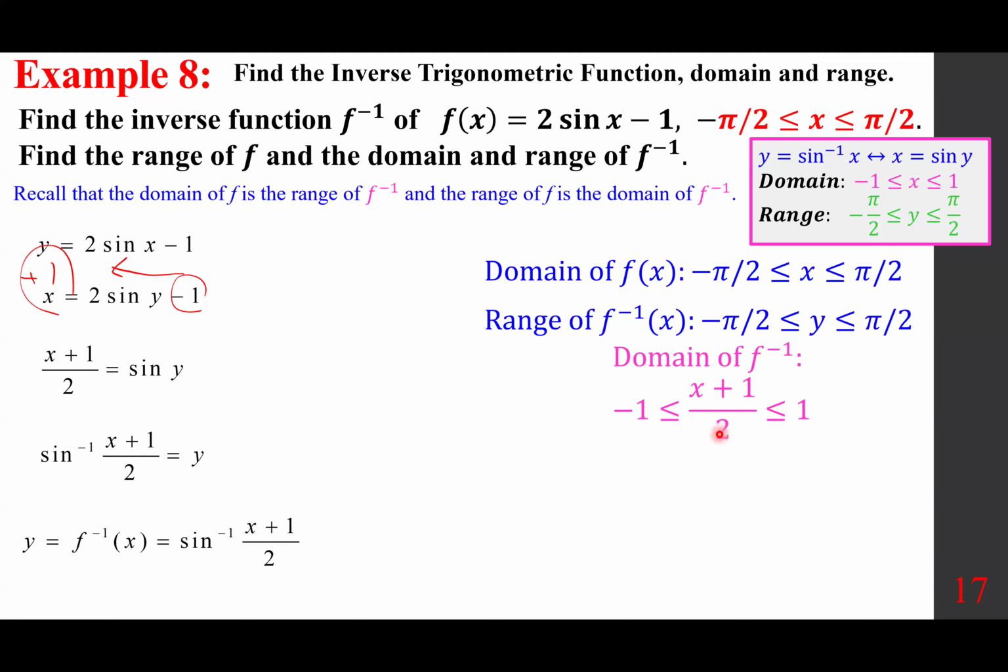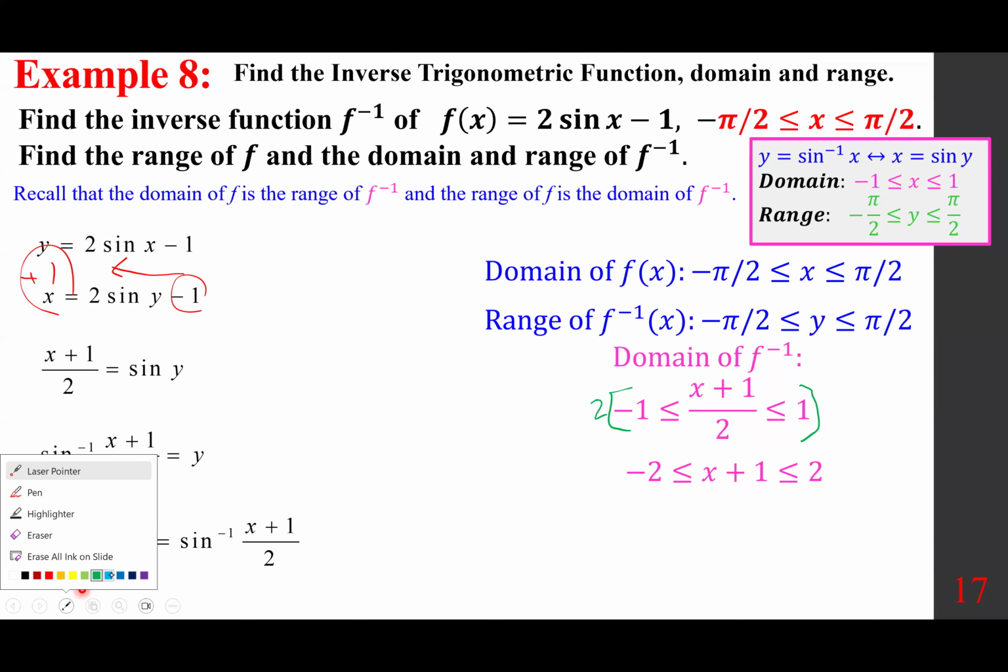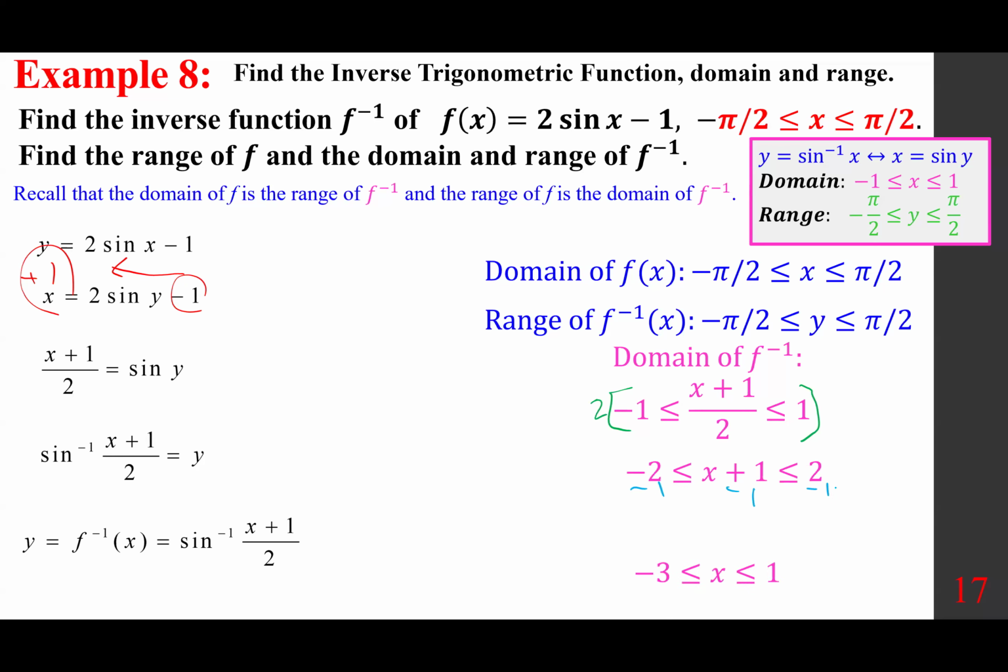Let's multiply everything by 2. This becomes negative 2, this becomes positive 2. The denominator goes away. Now subtract 1 from all sides, meaning minus 1, minus 1, minus 1. And that's the end of the story.